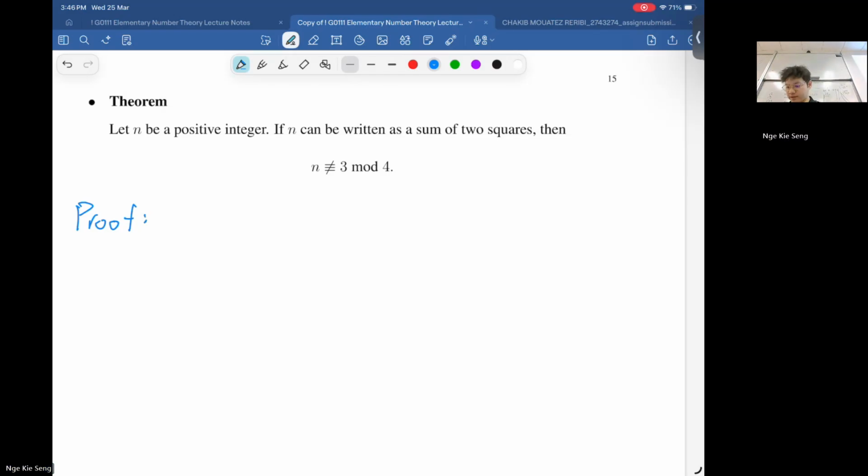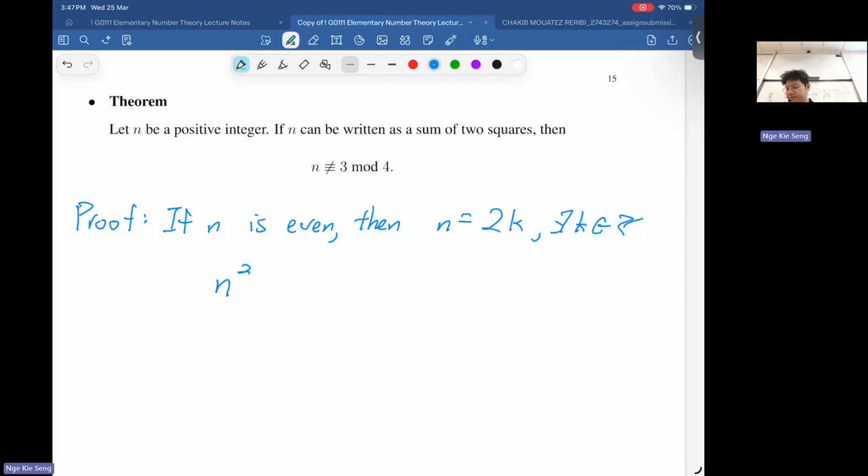So if a is even, then a could be written as 2k. Then a square is 4k square. So if you consider mod 4, this guy is just 0.